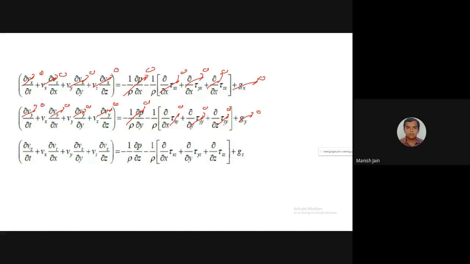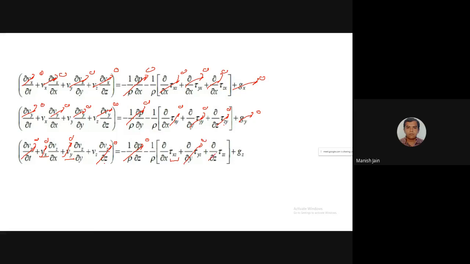Vz is not zero, but Vz will not depend upon time, so this will be zero. Here Vx is zero, here Vy is zero. Here Vz is not zero, but Vz does not depend upon z. Vz is only depending upon x, so this term will be zero. dP by dz, pressure is equal in all directions, so dP by dz is zero. Now tau xz is the non-zero term.